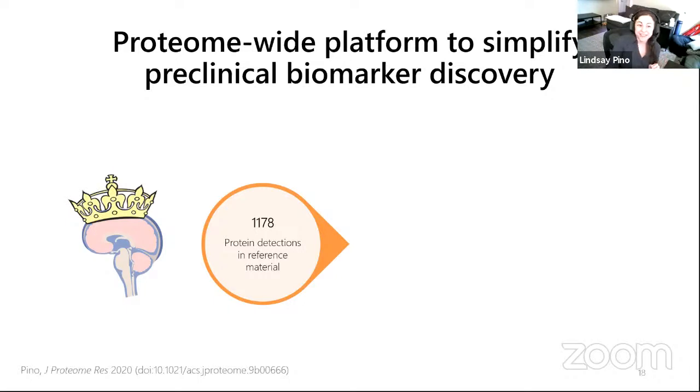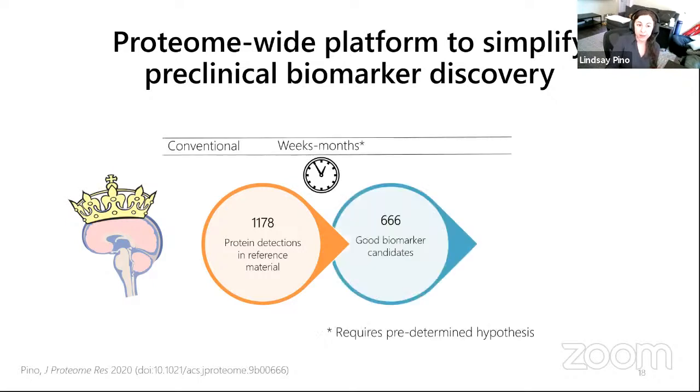Now I've emphasized multiple times, not everything you can detect is quantitative. When we look at the calibration curves for all of those peptides we detected, we find that there are about 666 good biomarker candidates. These are things that had a change in signal when we change the quantity using these calibration curves.